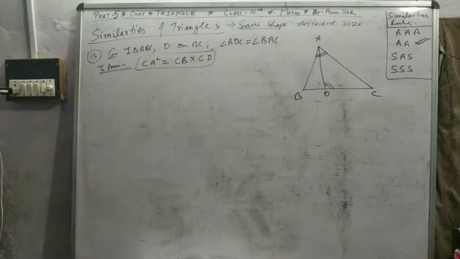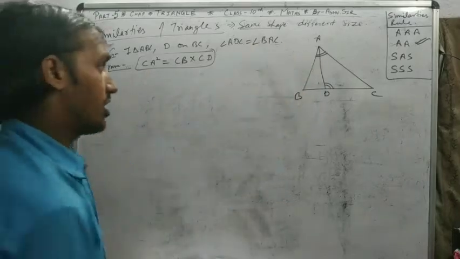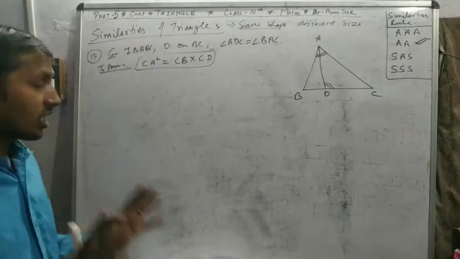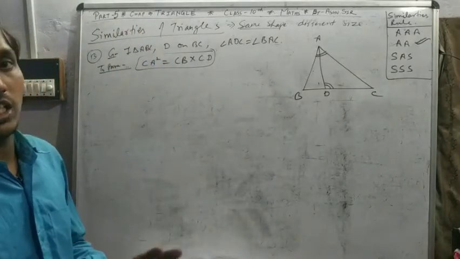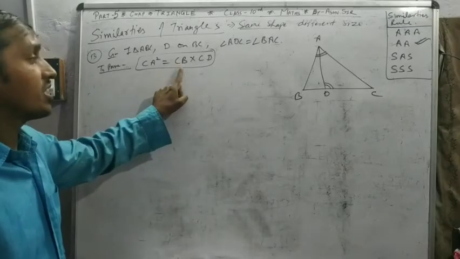So one more concept here. First you see the question and, same thing, draw a rough sketch in your mind. How do we solve it? CA square, we want 2 times. Where is CA? This. Means we think that CA is included in both triangles. CB, where is CB?